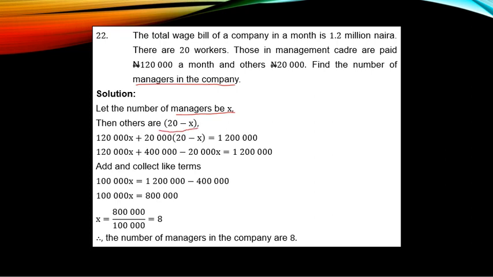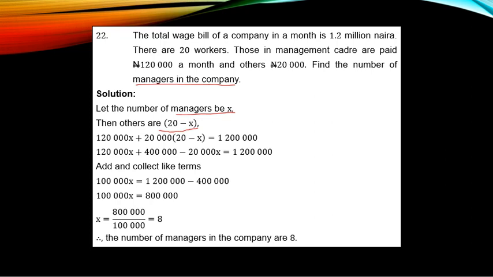Okay. Now a manager is paid 120,000 naira a month. Now if you have 2 managers, that means their salary will be 120,000 times 2. Now that you have s managers, their salary will be 120,000 times s.